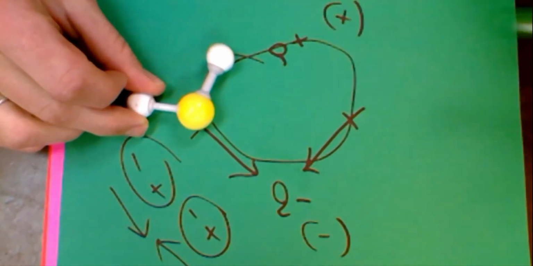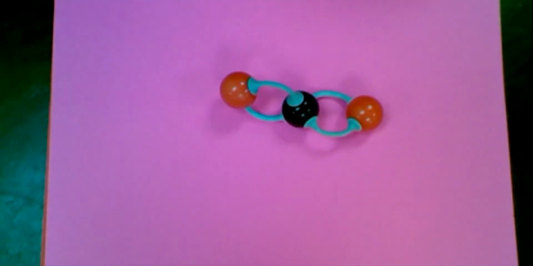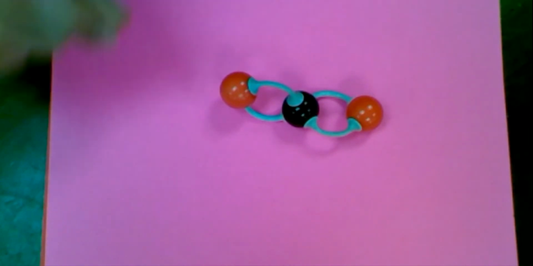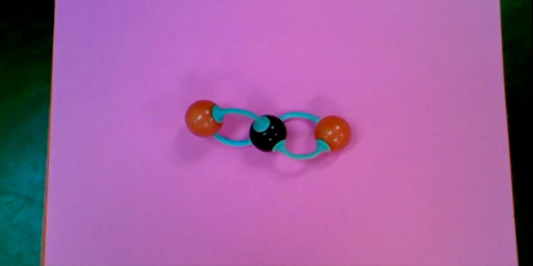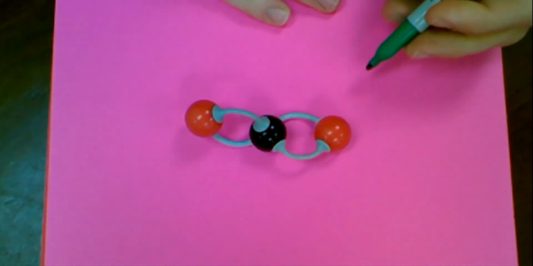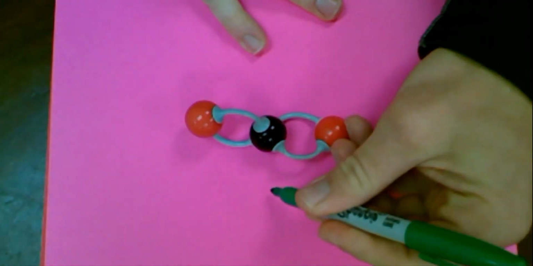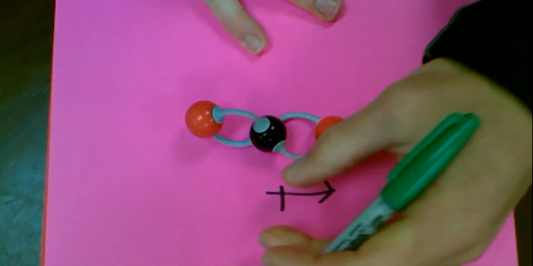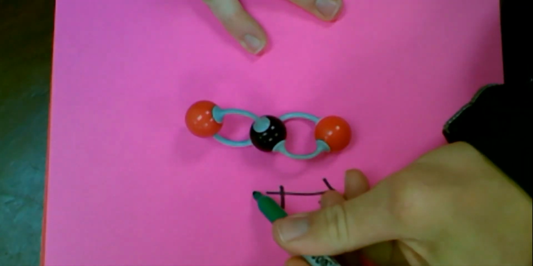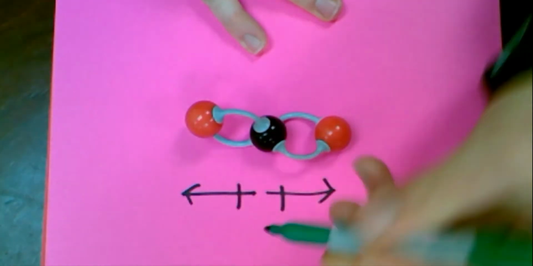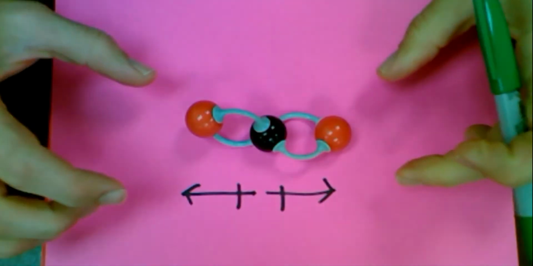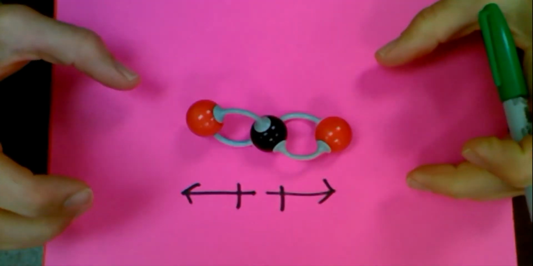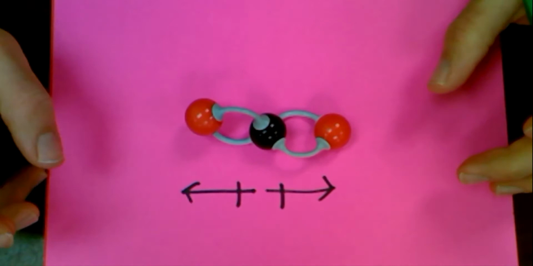Now, what you have to look out for is some molecules will have polar bonds but be nonpolar. So take this carbon dioxide. Oxygen is pulling electron density to this side, and this other one is pulling electron density to that side. And so now you have electron density pulled to opposite ends. Well, that's not polar.